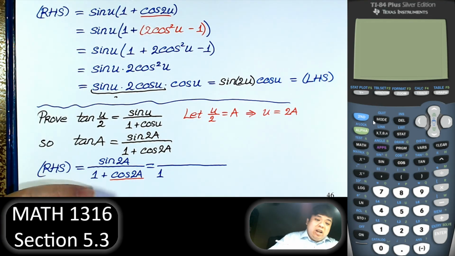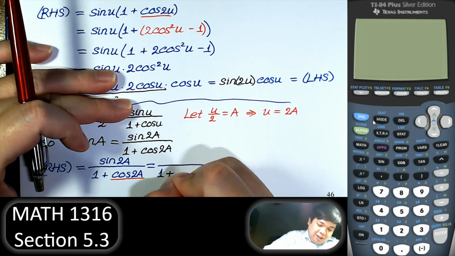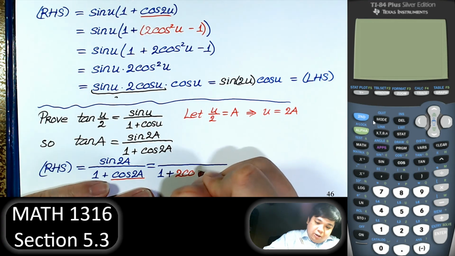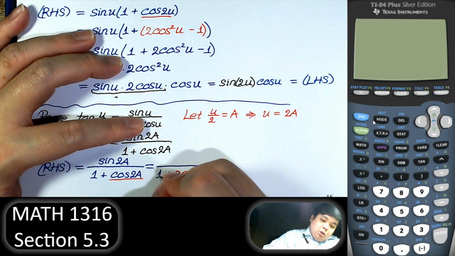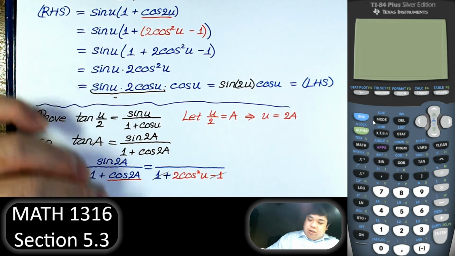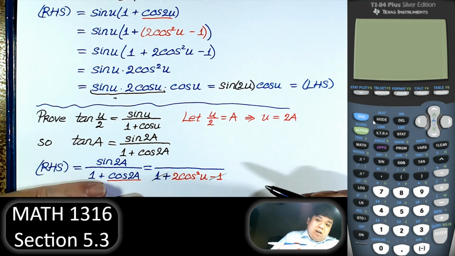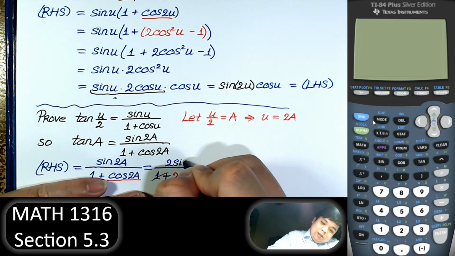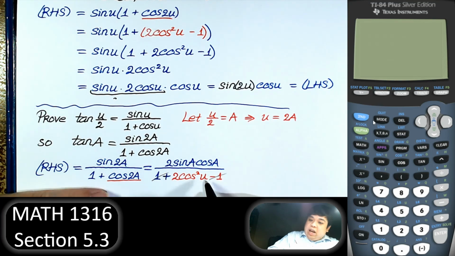As mentioned before, any of them will work just fine. Right, so 1 minus 1 cancel out. And then the sine of a double of the angle, we only have one option for that. It is 2 sine cosine. And of course the angle should be A.